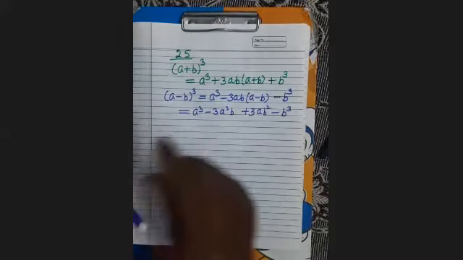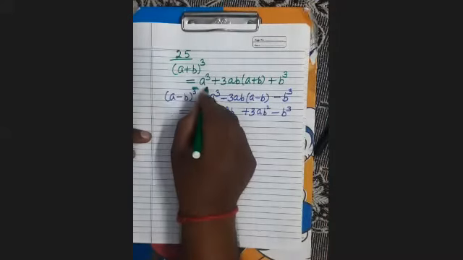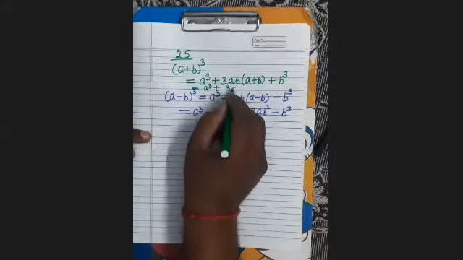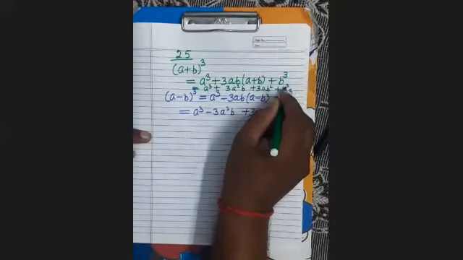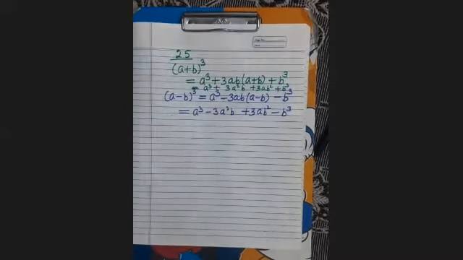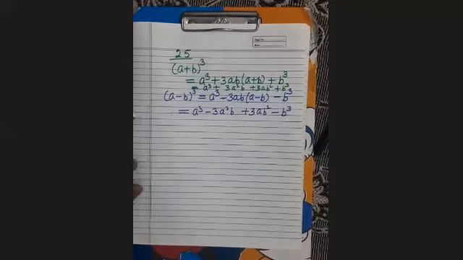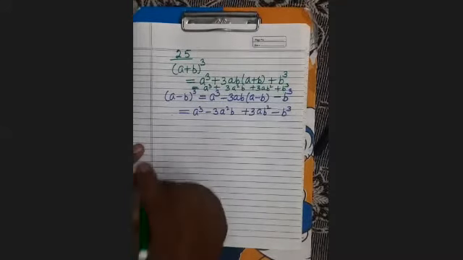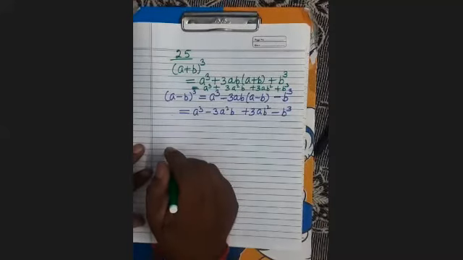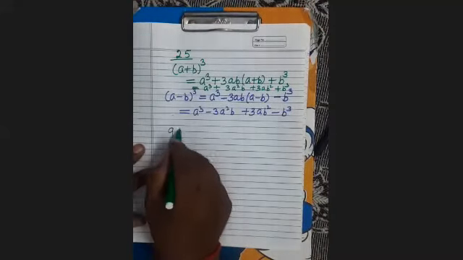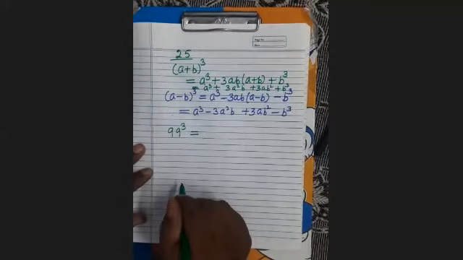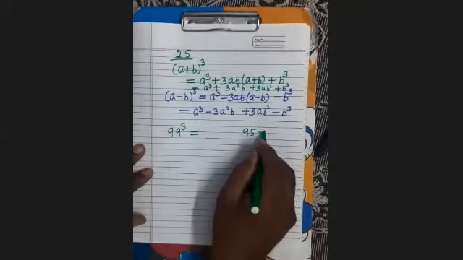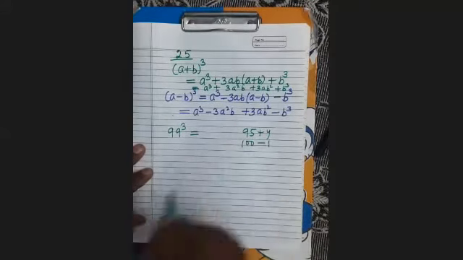And here in the expanded form, it will be a cube plus 3a square b plus 3ab square plus b cube. It's clear? Now you can see here, you have to determine 99 का whole cube. क्या लिखेंगे? You will write (100 minus 1) whole cube.